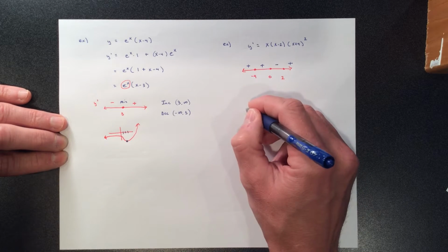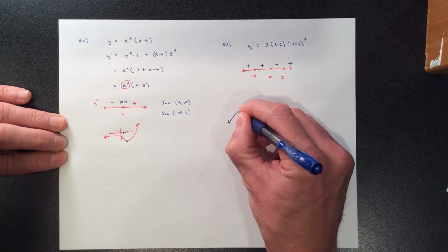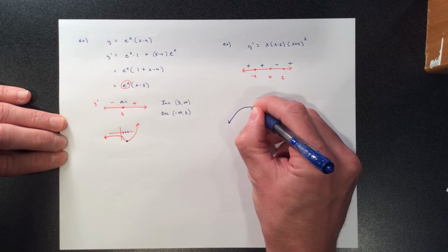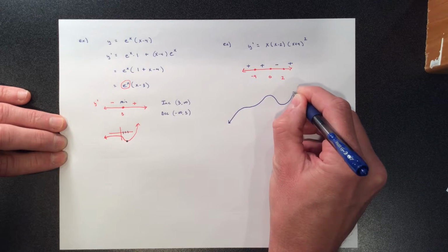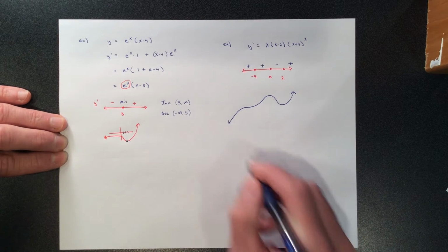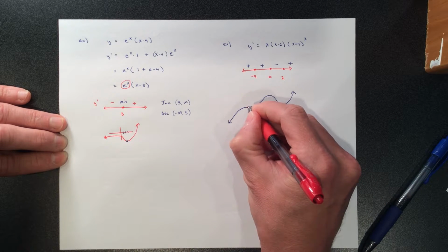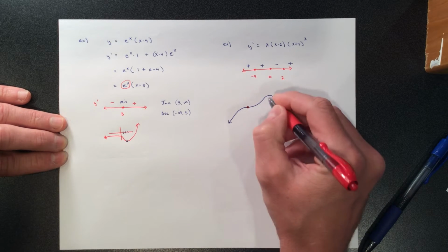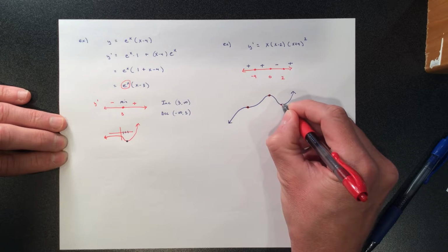So what happens here? Let's draw a graph. This function is increasing, then has a slope of 0, increases, decreases, and then increases. That's what this function would look like. There is a horizontal tangent at negative 4, at 0, and at 2.